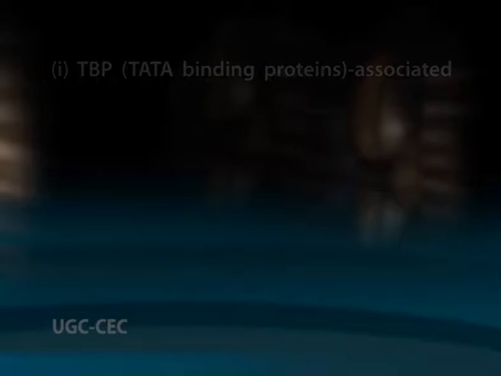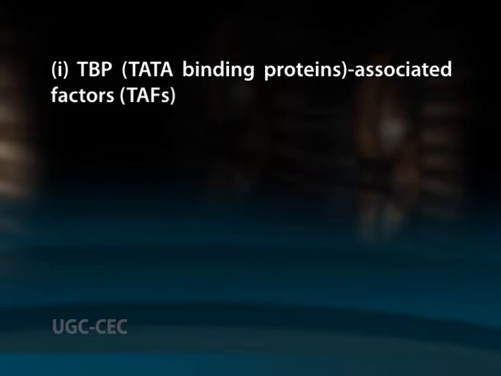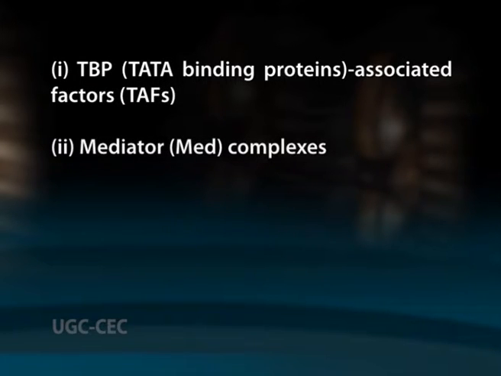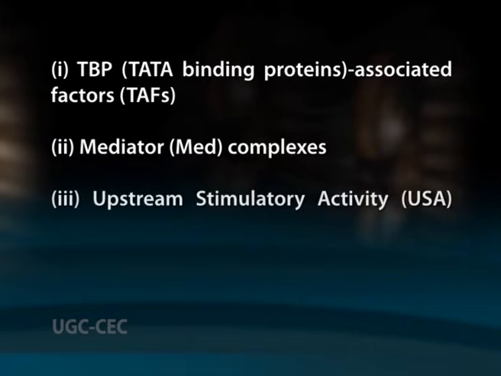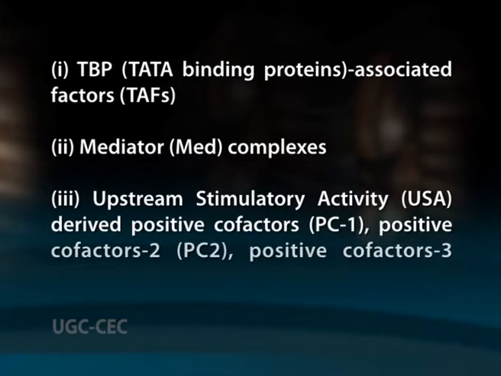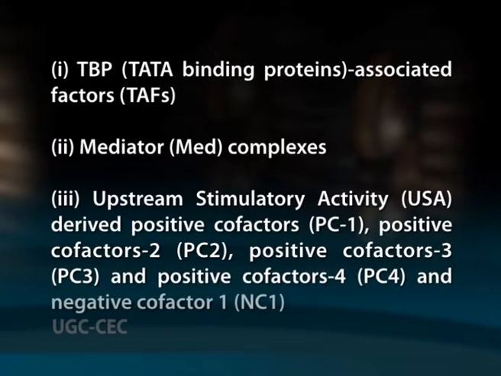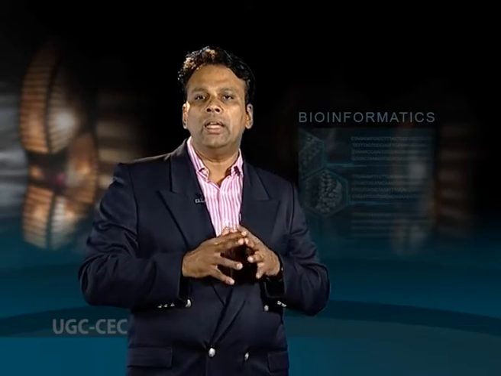There are three types of general cofactors, such as 1. TBP, that is Tata binding proteins associated factors, 2. mediator complexes, and 3. upstream stimulatory activity derived positive cofactors such as PC1, PC2, PC3 and PC4, and negative cofactor 1, which is known as NC1, normally function independently or in combination to fine tune the promoter activity in a gene specific or cell type specific manner.